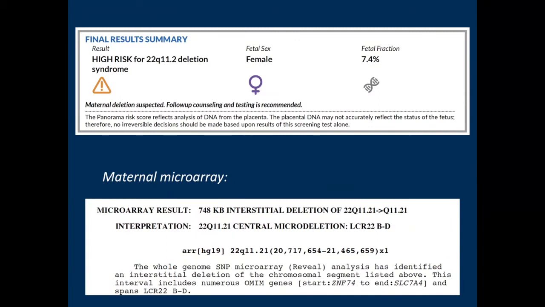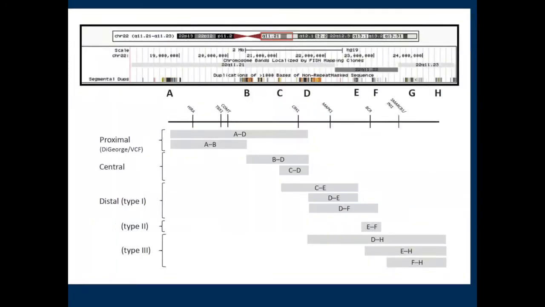When we did the maternal microarray, this patient showed an atypical, so not the typical A to D deletion, but a central microdeletion of the B to D element of the gene. So remember, that's one of those nested smaller deletions. Looking at this again schematically, here is the typical A to D deletion.